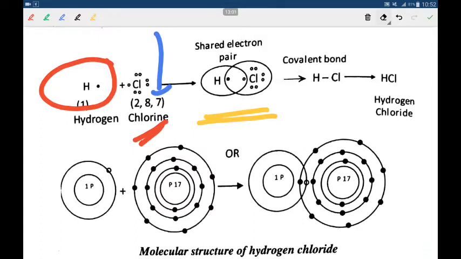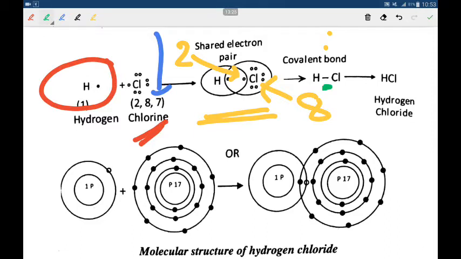Means hydrogen attains duplet state, chlorine attains octet state. Why octet? Because there are 8 electrons. Duplet because there are 2 electrons. So there is sharing of 1 pair of electrons. So here it is shown as single covalent bond.